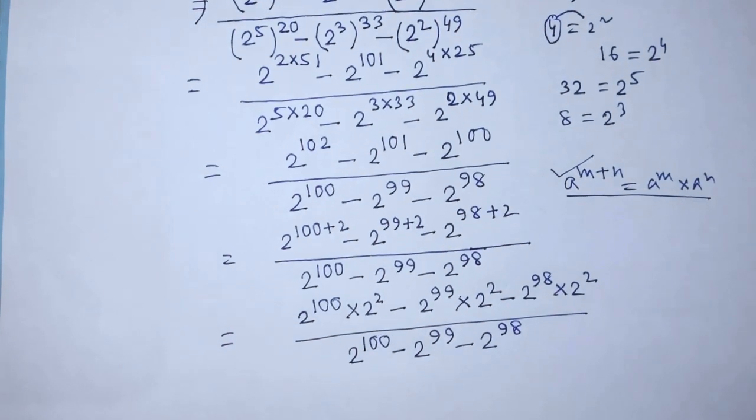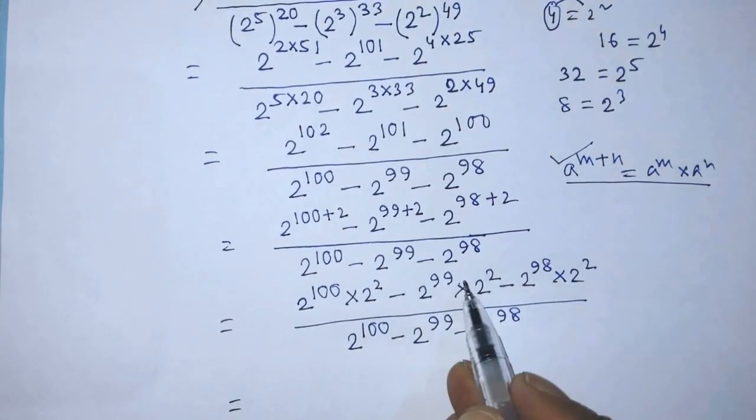In the numerator, in all terms 2 to the power 2 is present. So now we have to take common 2 to the power 2 from all terms.